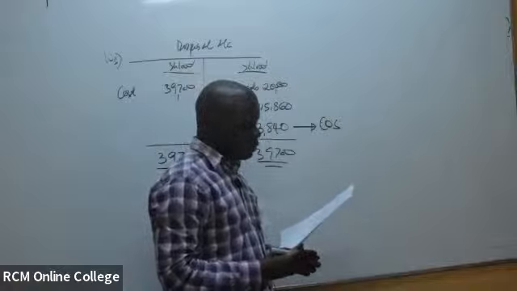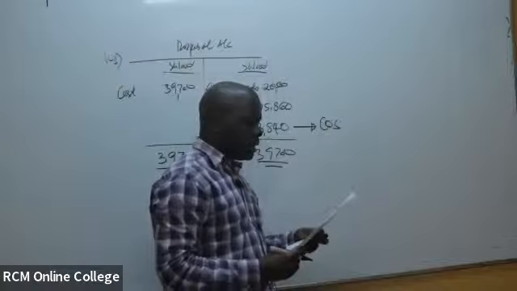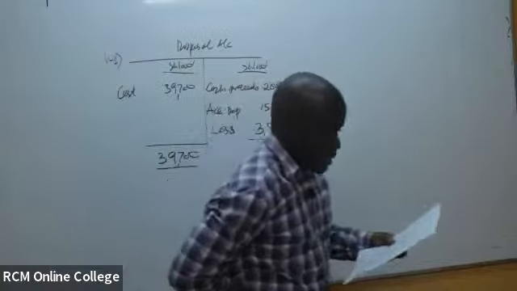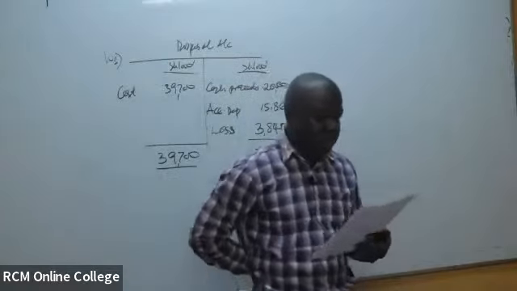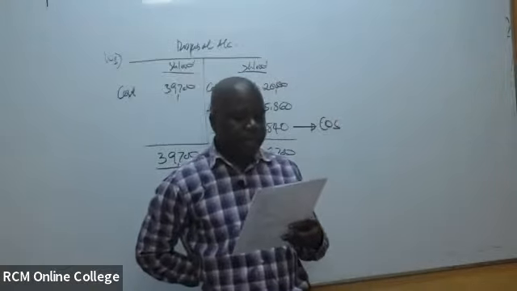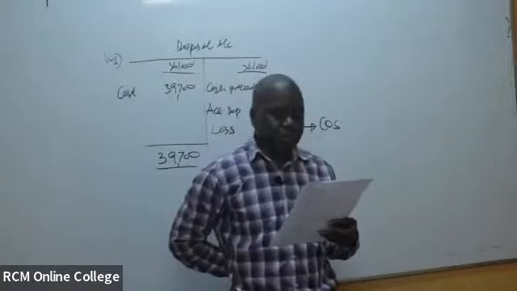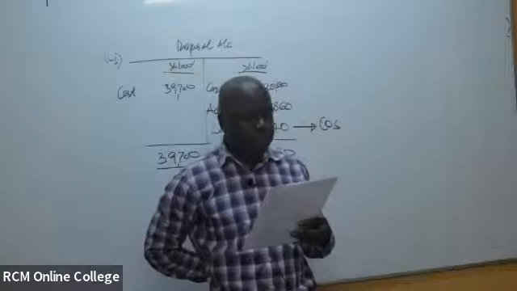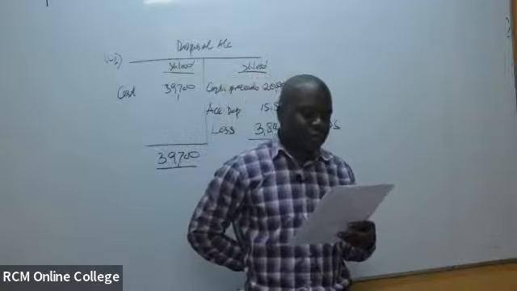Then it is the company's policy to provide for a full year's depreciation in the year of the asset purchase and none in the year of disposal. Then, during the year, BD Limited disposed of an item of plant for cash proceeds of 20 million, which were credited to the revenue account.